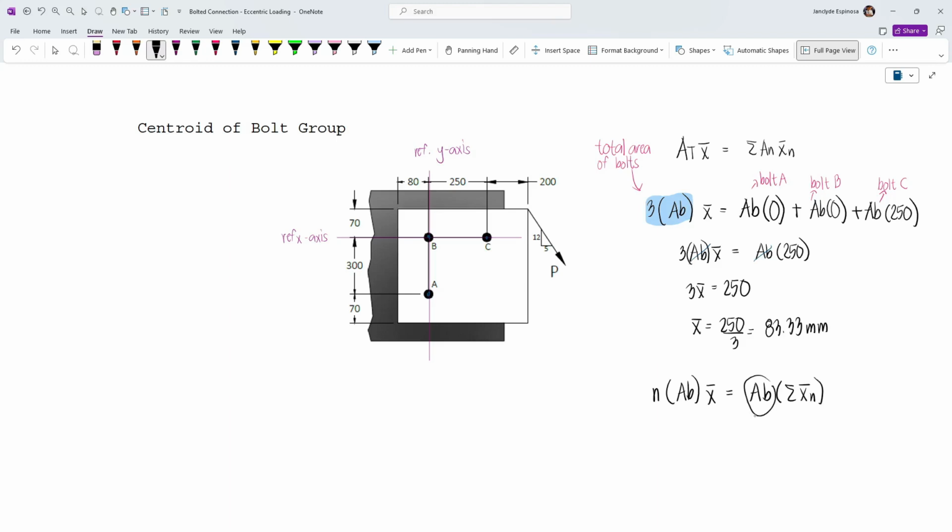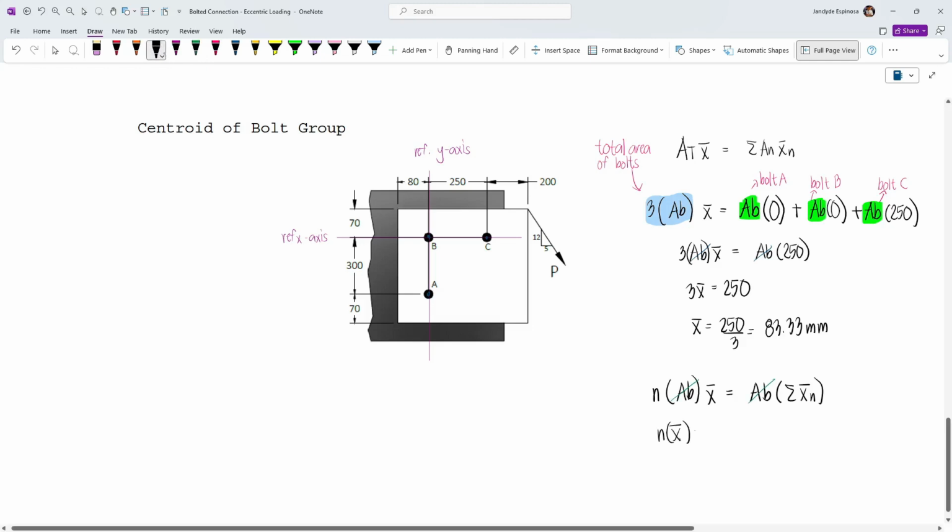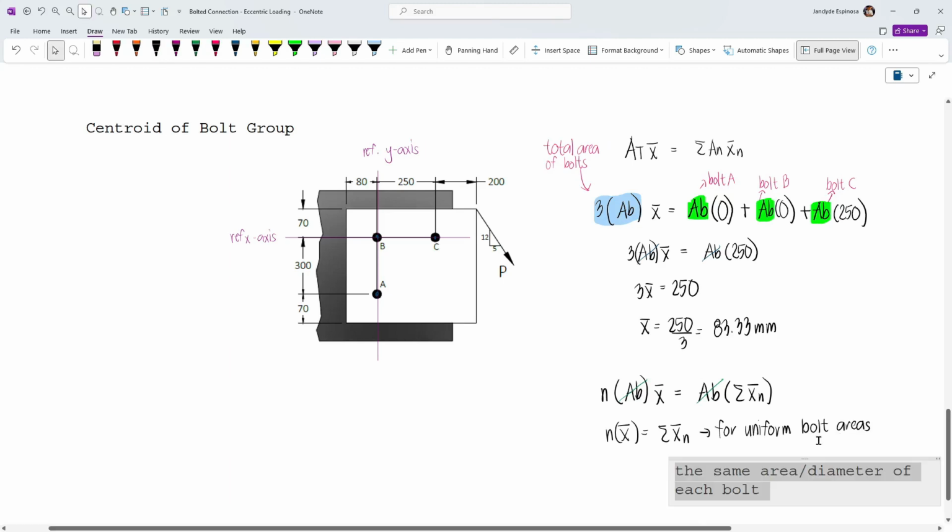Because if all of these areas are the same, then we have this form. All of these areas are AB, and so that's going to cancel when we solve for barred x. So we can cancel this and this one, and then we have n barred x equals the summation of barred xn. Now this can be barred x or barred y, depending on what you're trying to solve. So this is for uniform bolt areas, which is usually always the case. Kasi as engineers naman, hindi naman pwede na the diameter of this bolt is larger than this one.